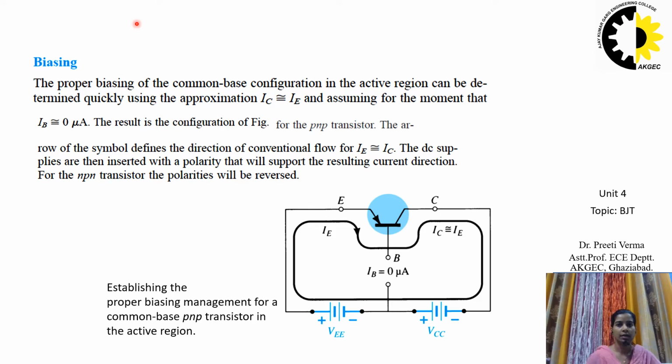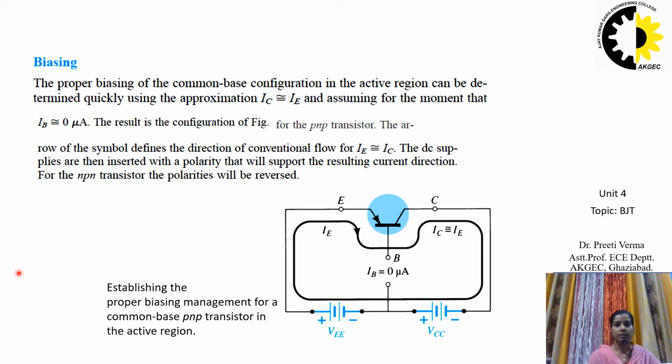How can we identify whether it is a PNP or NPN? For a PNP transistor, this arrow is pointing inwards from the emitter side. So if we ignore the IB current, meaning the base current is 0, the terminal shown here is open. If this is an open terminal, then there is no flow of current and IB is equal to 0 microampere.